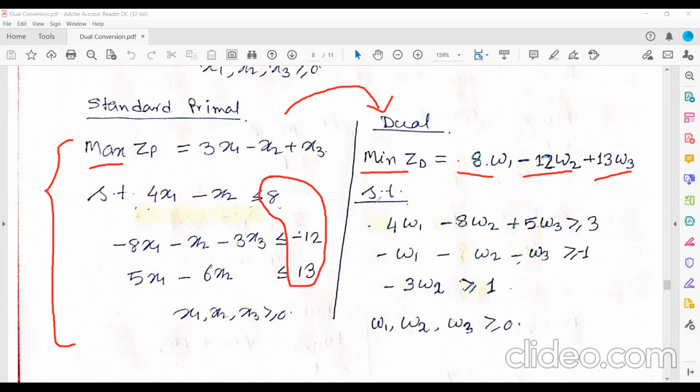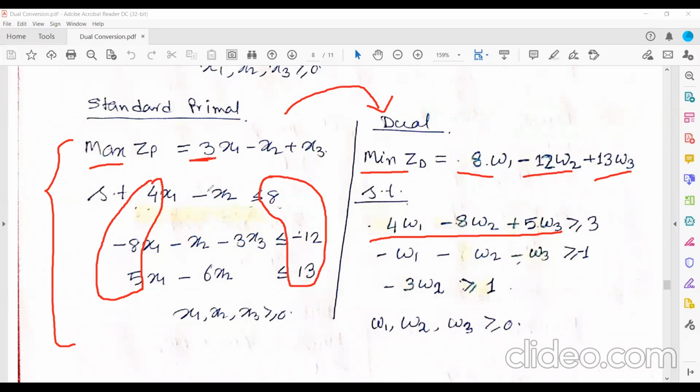And the constraint will be this one: 4W1 minus 8W2 plus 5W3. Since the primal is less than or equal to, this becomes greater than or equal to the coefficient of x1 in the objective function of the primal, that is greater than or equal to 3.